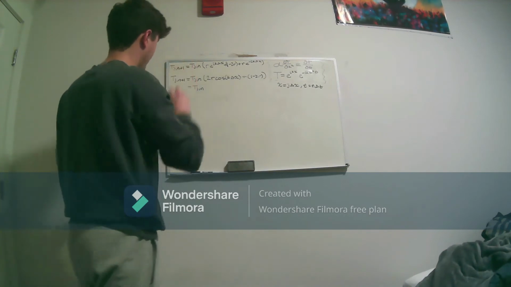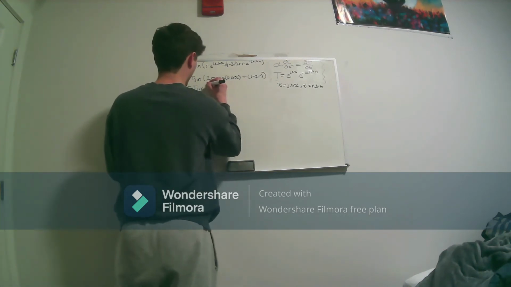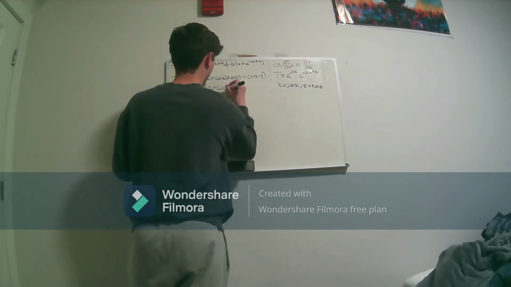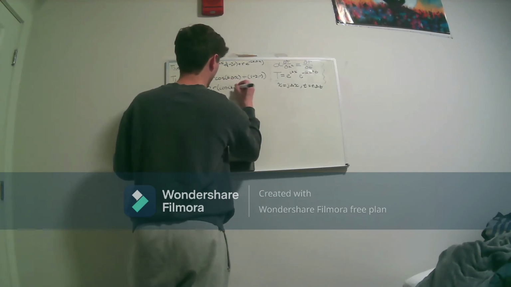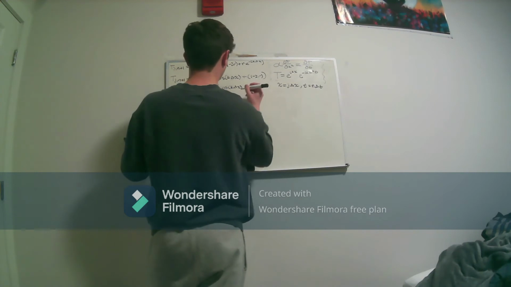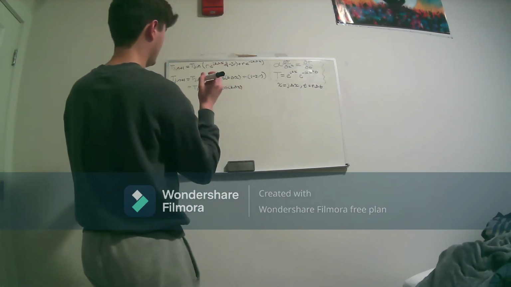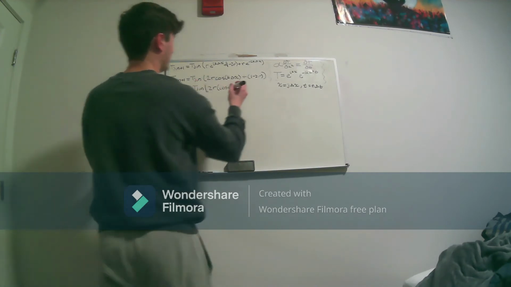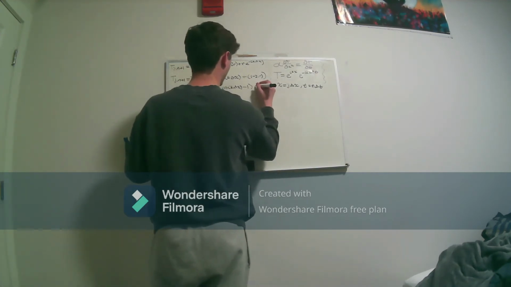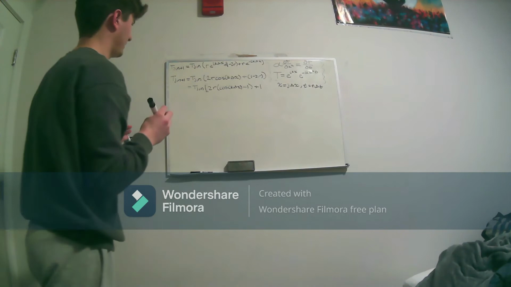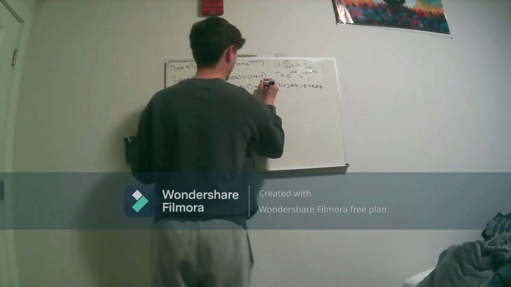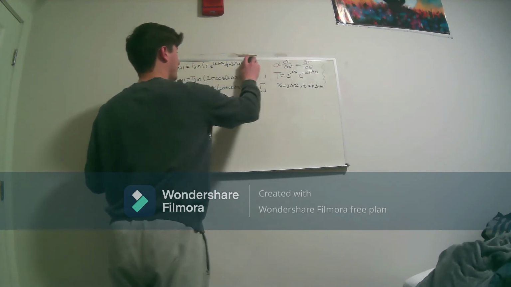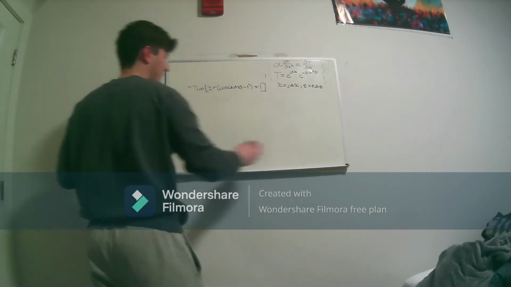Let me make sure I do this right. 2r times cosine k delta x minus 1, plus 1. I believe that's correct. That does look correct. So this is going to be a pretty good spot for us.